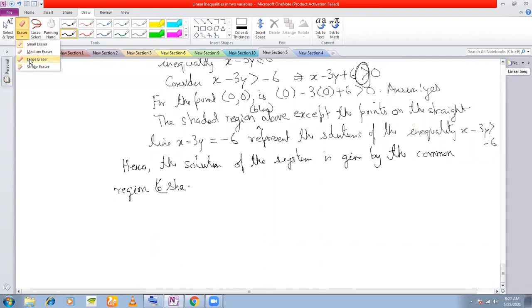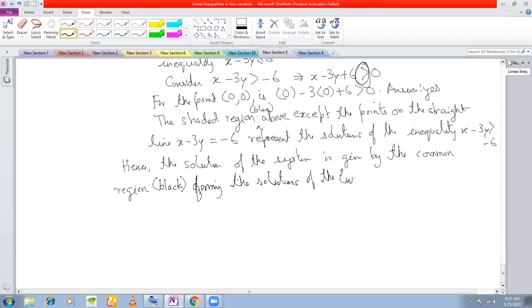Common region, let's write here black. You'll write simply shaded region in examinations, forming the solutions of the two inequalities.